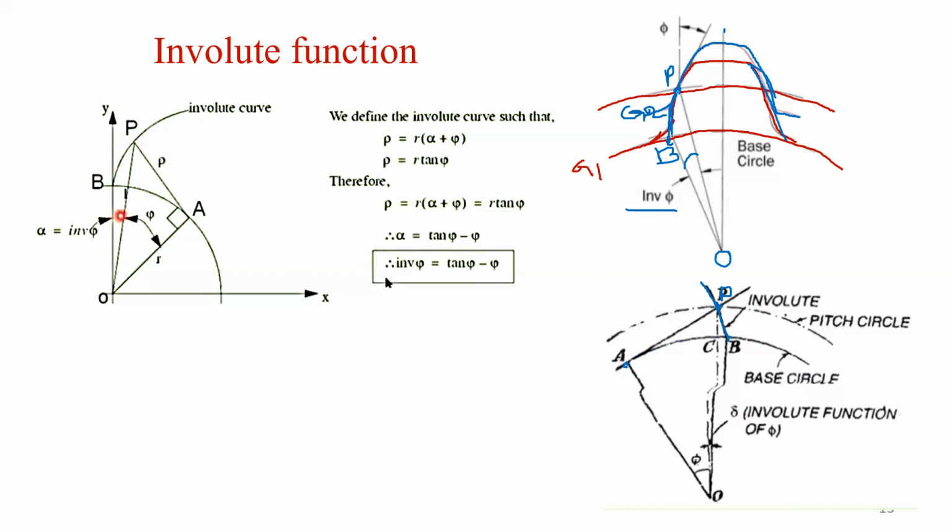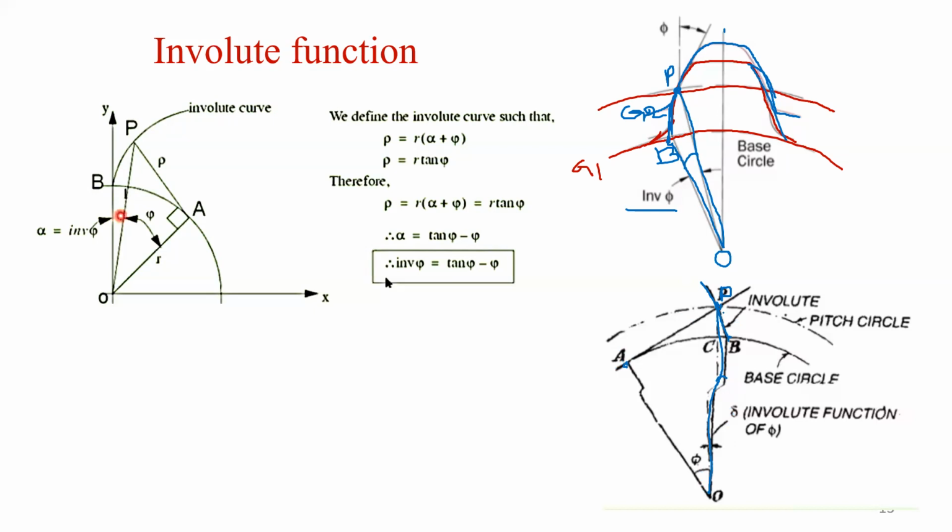Now, if you join point B to the center, and P to the center, this angle is called the involute function.